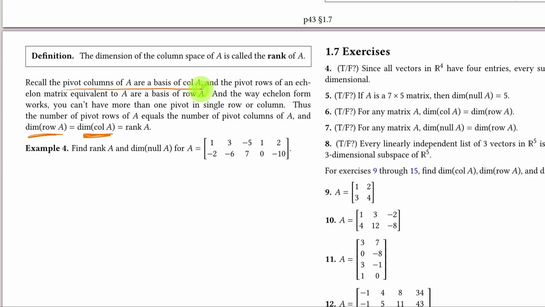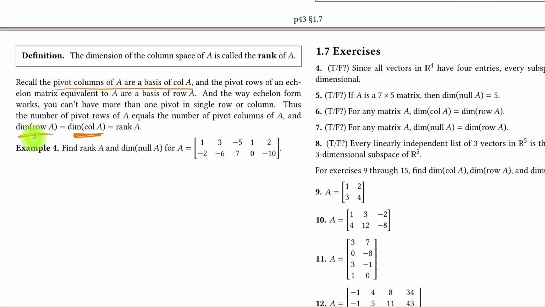And we also had a theorem that the pivot rows of the reduced echelon matrix gives you a basis for the row space. So the number of pivot columns is equal to the number of pivot rows. So the dimension of the row space and dimension of the column space are both equal to the rank of A. They're both equal to the number of pivot positions you have in A.